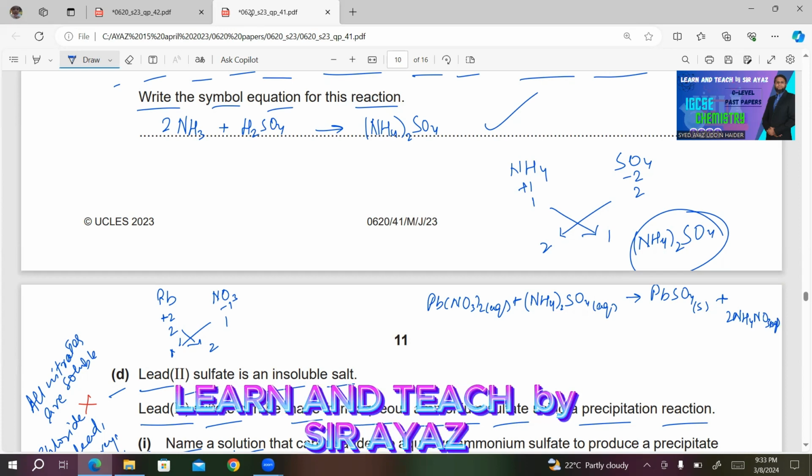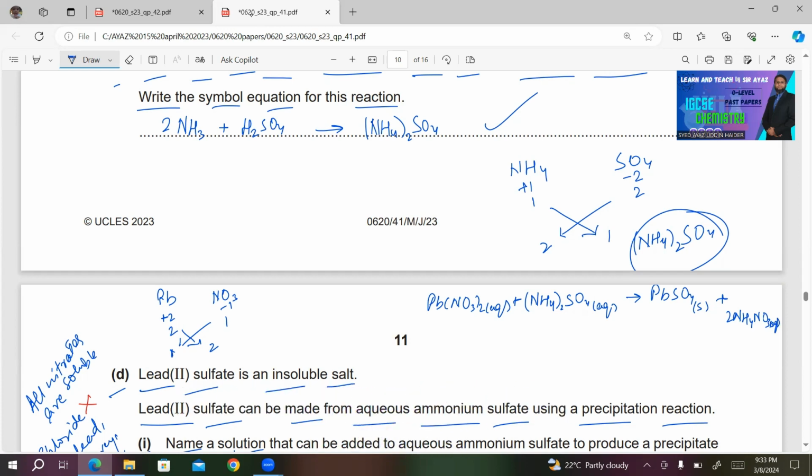So in order to write the ionic equation, we have to open up the equation. Just write down their charges.